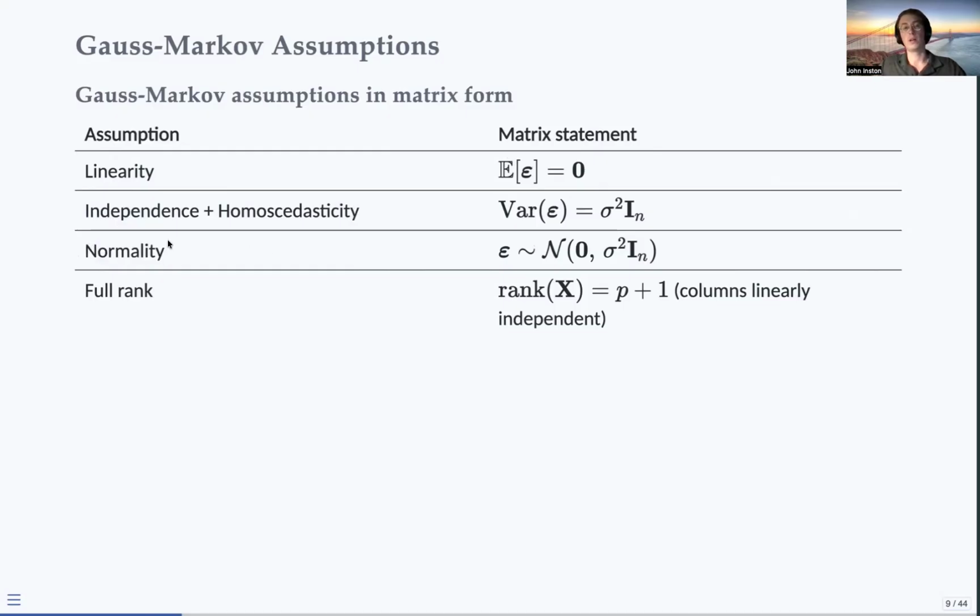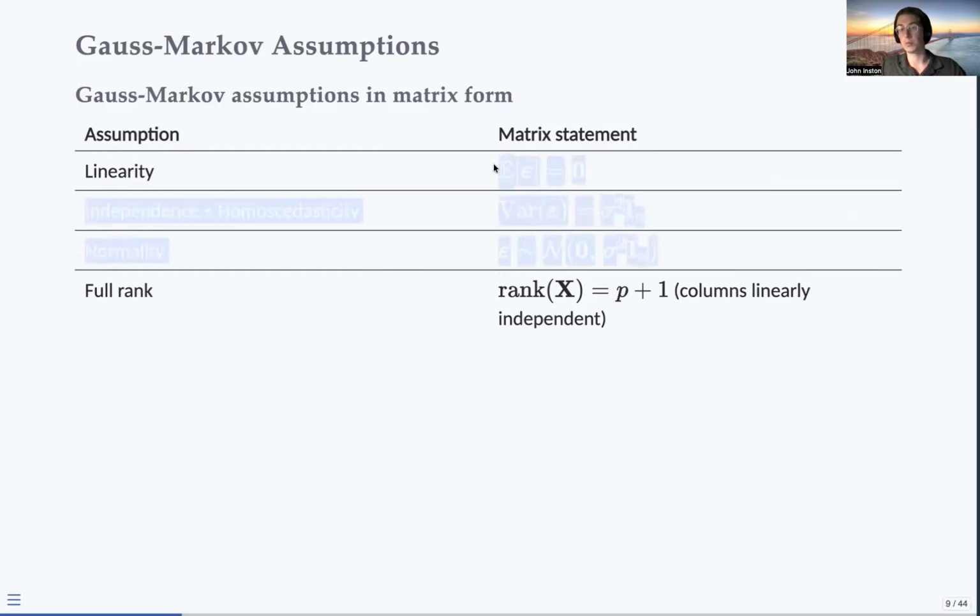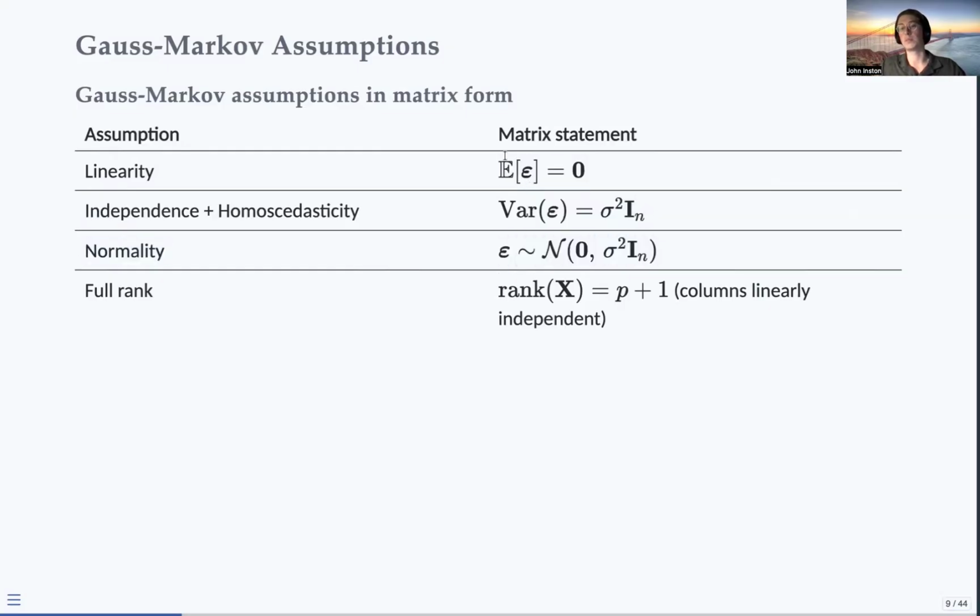From normality, I've stated all of this on the last slide, but essentially these two properties combined plus the assumption of normality give this statement. And importantly, we also assume full rank. So we assume that all of the columns are linearly independent, and so you can't find some form of the matrix X with a lower rank than p+1.